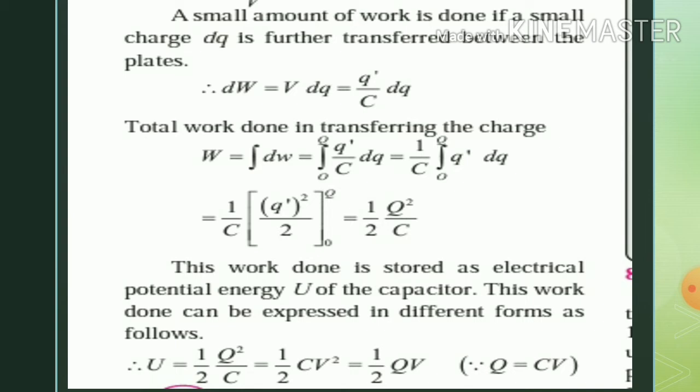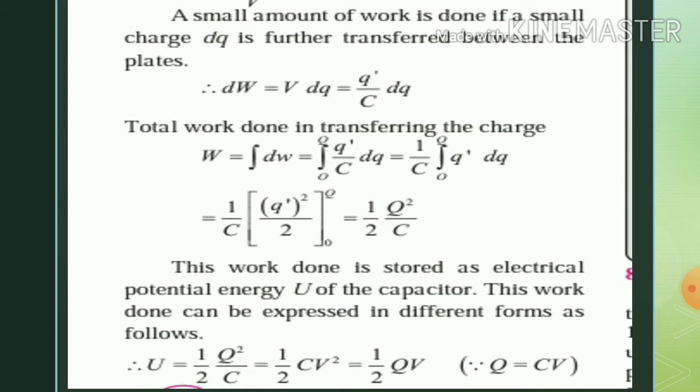Then from this equation of work done, we can find the total work done in transferring the total charges.